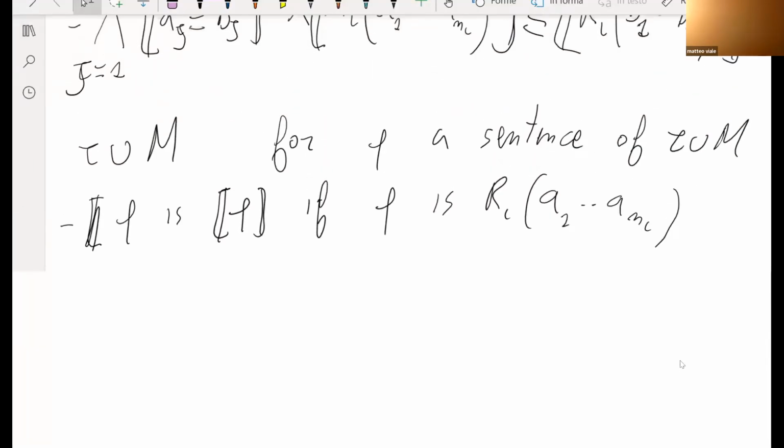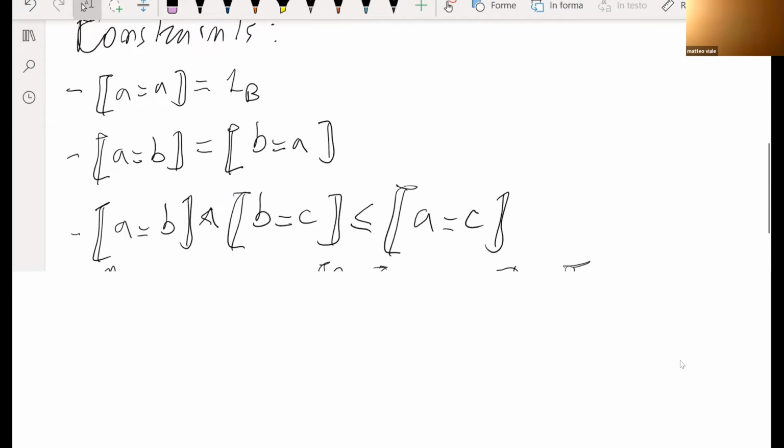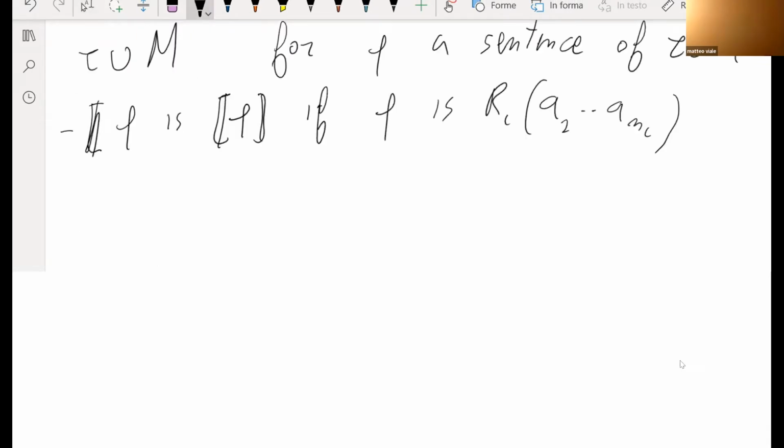In this case, I already have my maps given by the interpretation of the function and of the relation symbols.